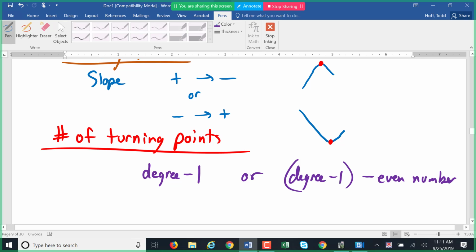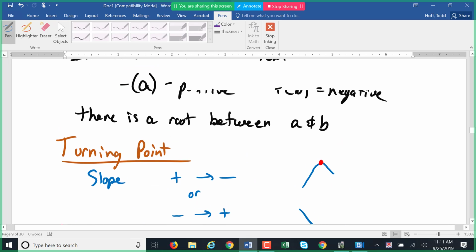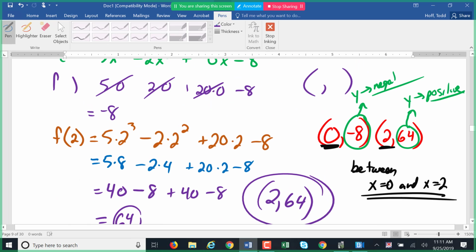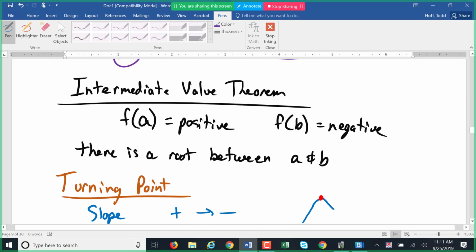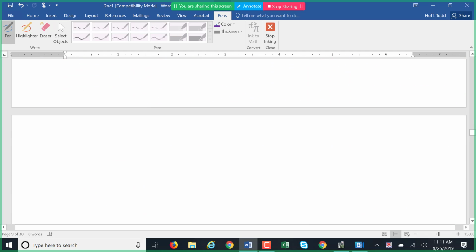So this one that we've been working on here had a degree of 3, so there's either 2 turning points or 0 turning points. So what that means is that graph comes up, so a degree of 3, so these are 2 or 0 turning points.